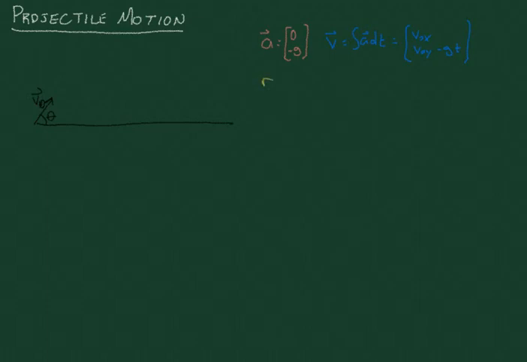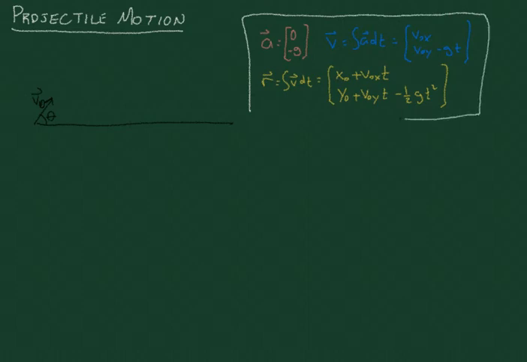And then our position is the integral of v dt, which is going to be x0 plus v0x times t in the x direction, and y0 plus v0y times t minus 1/2 gt squared in the y direction, right? And everything that we do with projectile motion is going to involve these three equations.